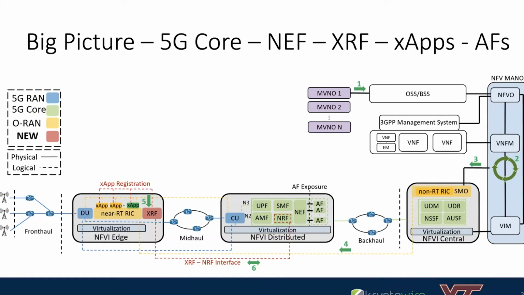But taking this a step further, in the near future, will there be a possibility of XApps having to interact with the 5G core elements? For instance, if you're an operator and you want to introduce some custom functionality, you design an application function which is then exposed through the network exposure function.